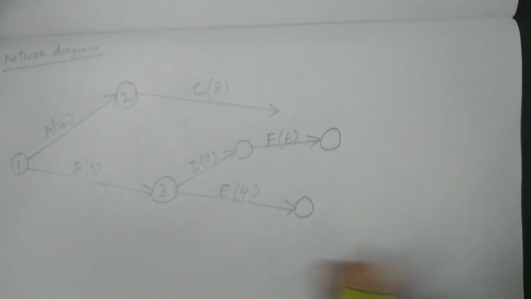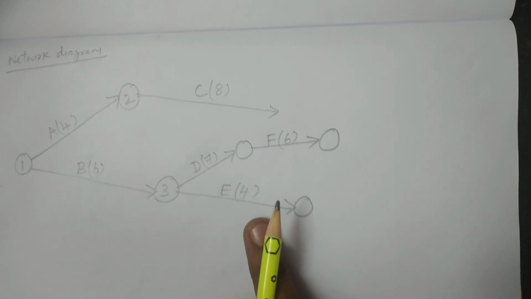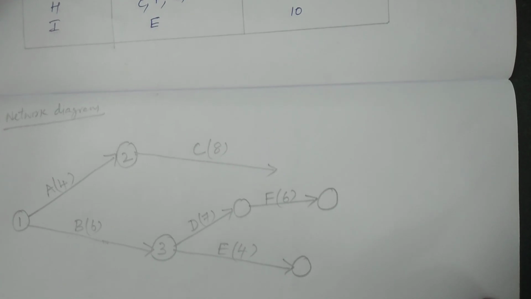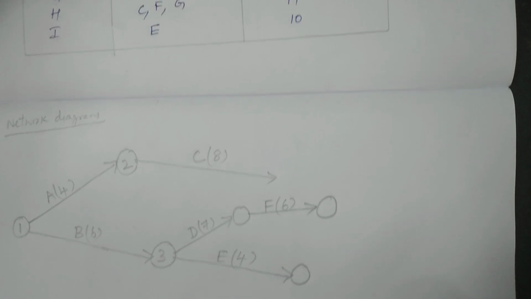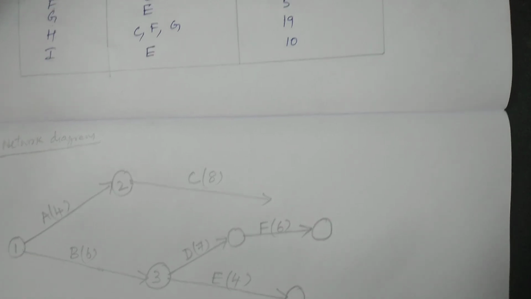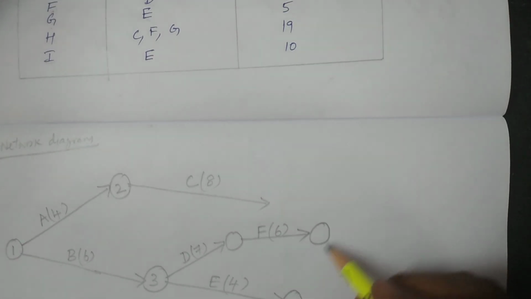And now we have to see any relation between H and G. That is important. Yes, we have a relation. I construct G after the activity E. This should be done in this way.